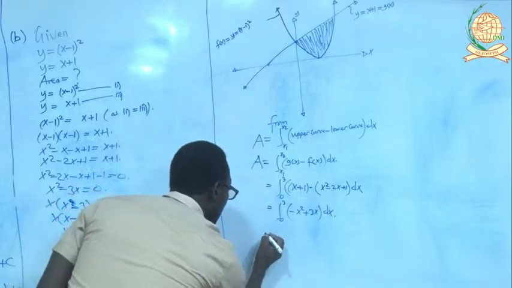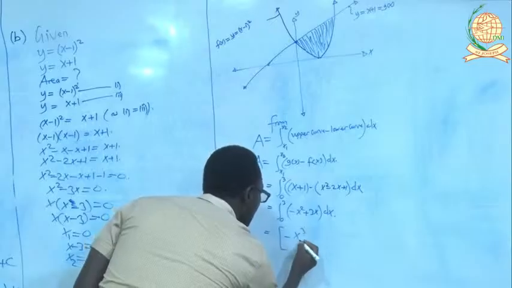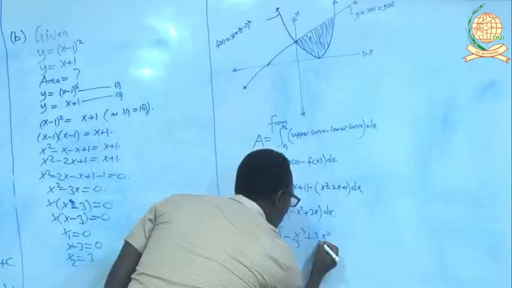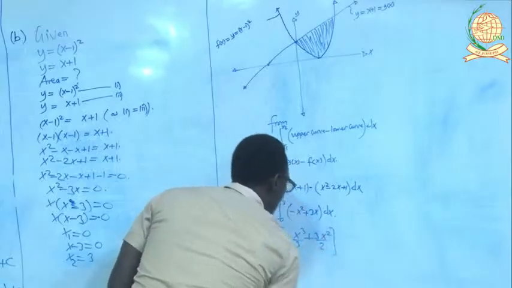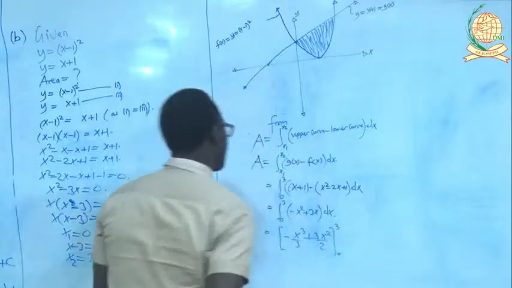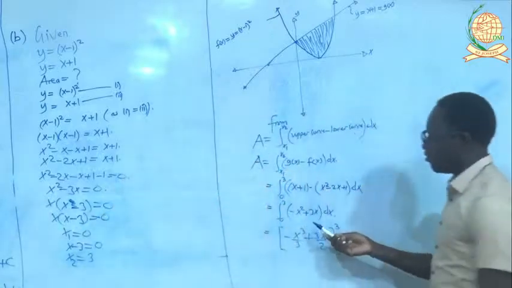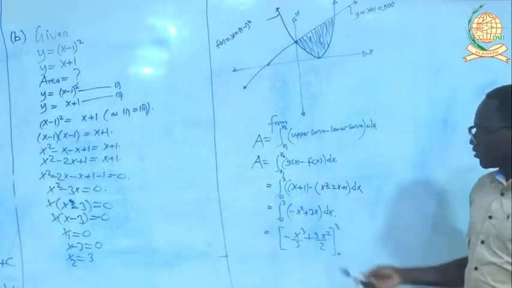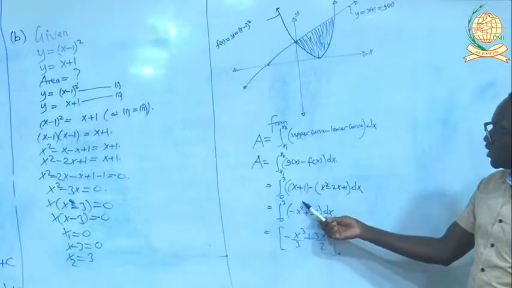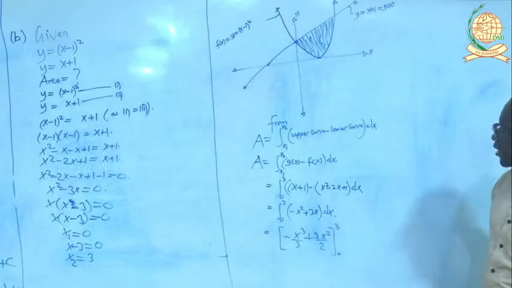Now integrate that one. So we are going to have negative x power 3 over 3 plus 3x squared over 2, with limits from 0 to 3. The integration of negative x squared plus 3x, we integrate each term. First the term negative x squared, plus the integral of the second term.